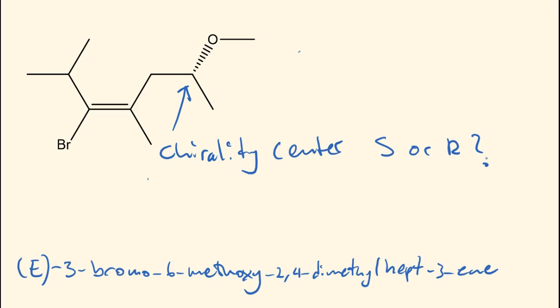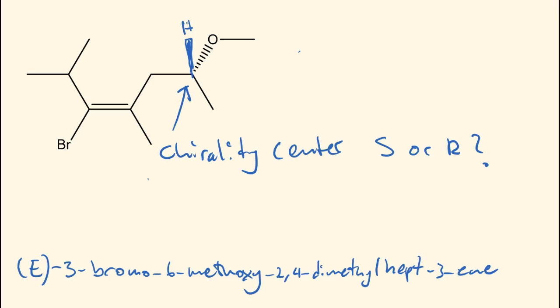First thing, let's figure out where the lowest priority group is. That's a hydrogen which is not pictured, and it'll be on a wedge, right? Because any chirality center has two flat bonds that are in the plane, and then it has a dash which is going away from you, and then a wedge which is coming toward you. Since the hydrogen wasn't pictured, we assume it's on the wedge because everything else is accounted for.